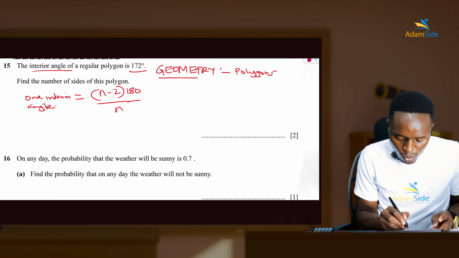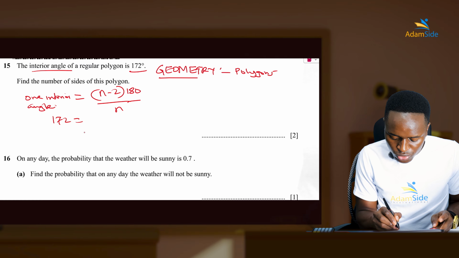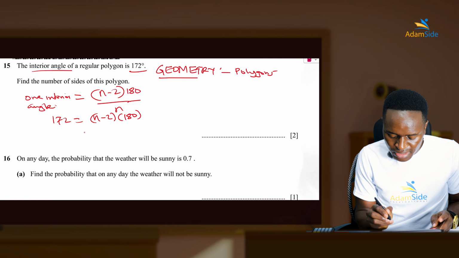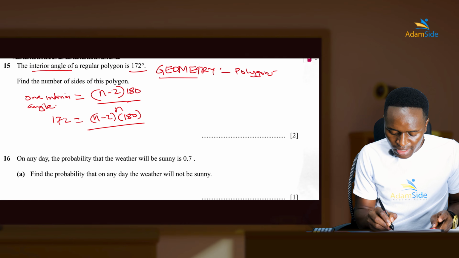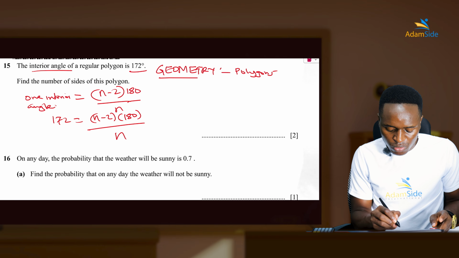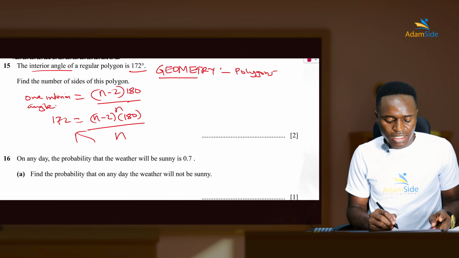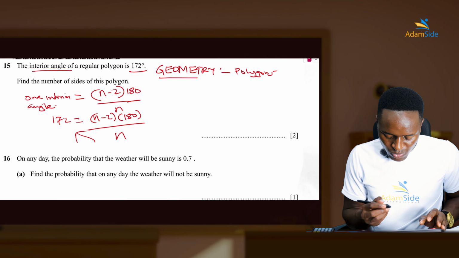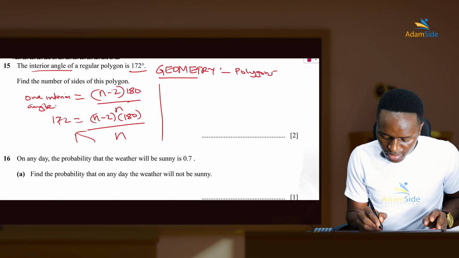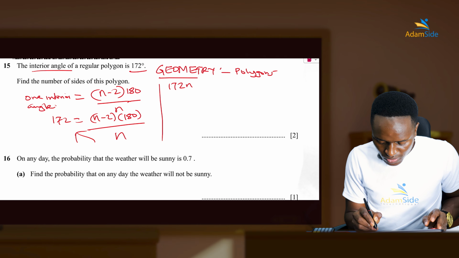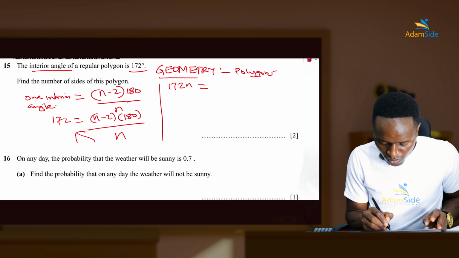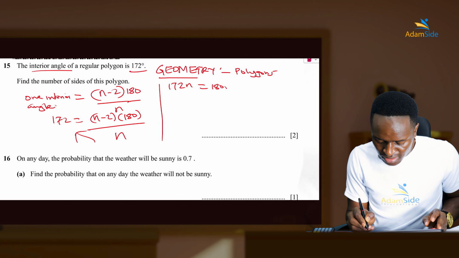You can say now 172 degrees is equal to n minus 2 times 180 over n. Great. So cross multiply in that case. 172 times n, you get 172n. So you say 172n is equal to 180 times n, you get 180n. 180 times 2, you get 360.